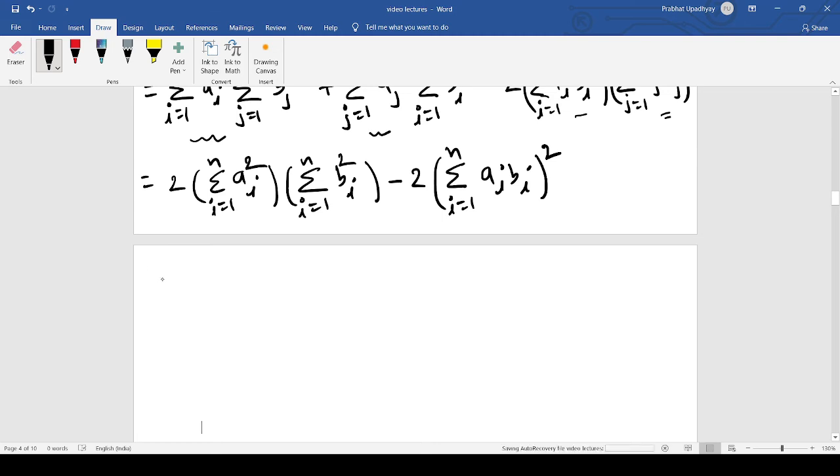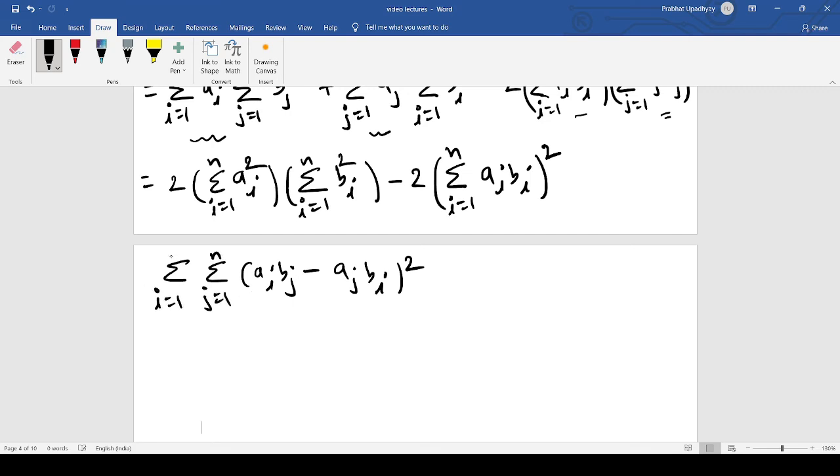We started with our expression summation of (ai bj minus aj bi) complete square, where first j was running from 1 to n and then i was going from 1 to n.